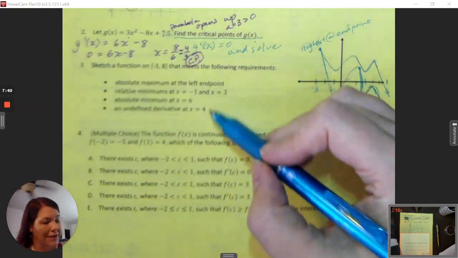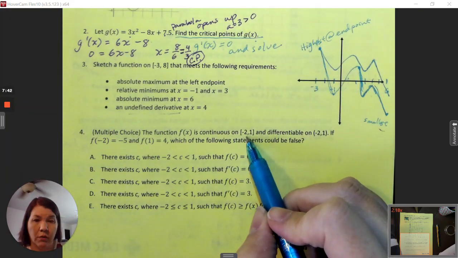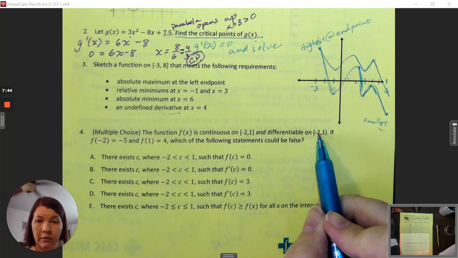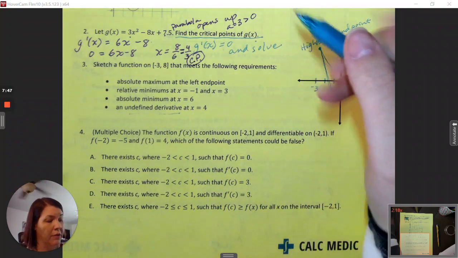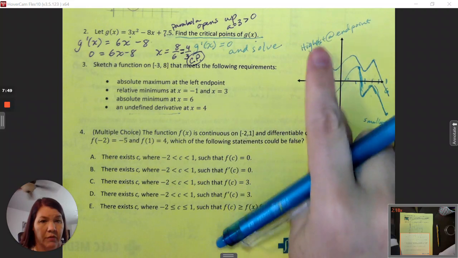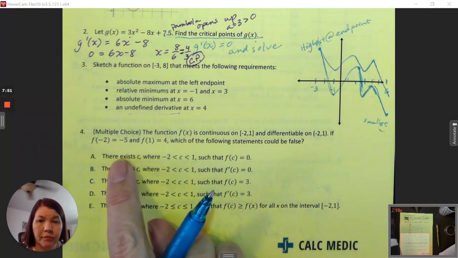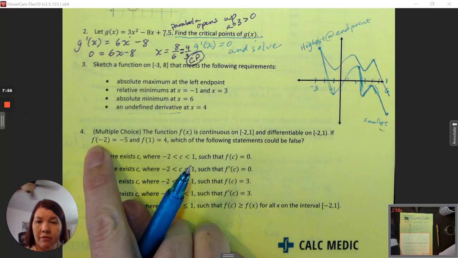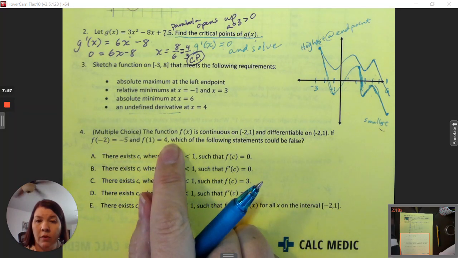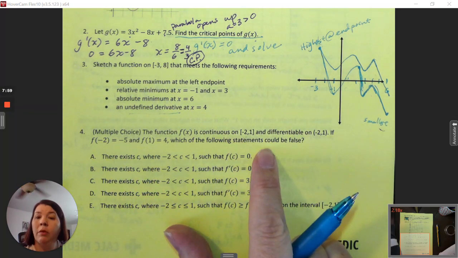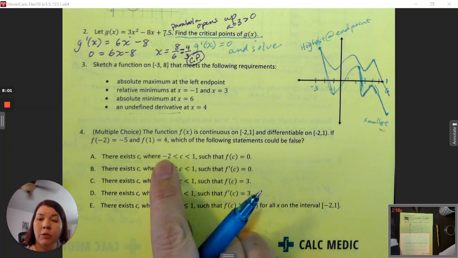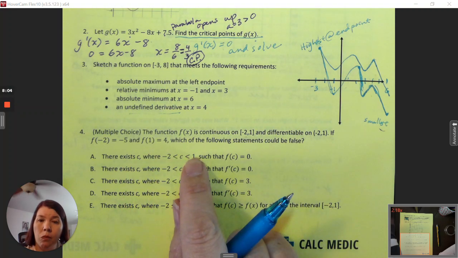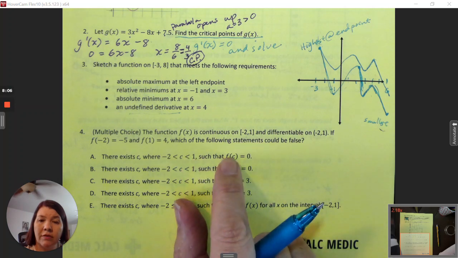The function f is continuous on the closed interval and differentiable on the open. Again, not differentiable at the endpoints. Derivative is undefined at endpoints. So which of the following, if f of -2 is -5 and f of 1 is 4, which of the following statements could be false? A: There exists a c between -2 and 1 such that f of c is 0.